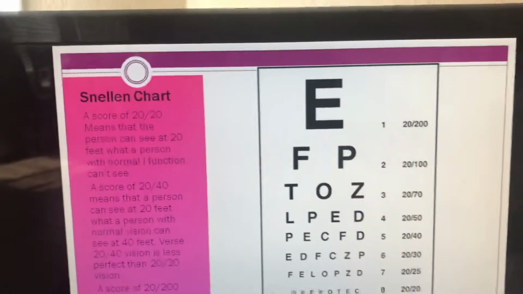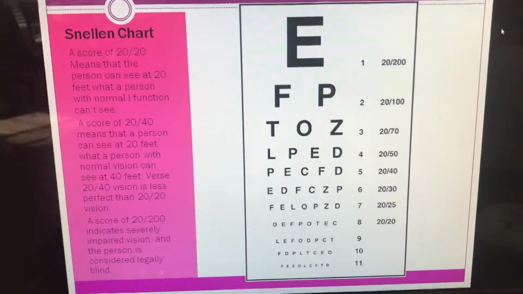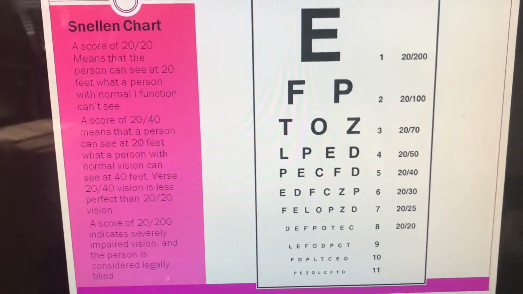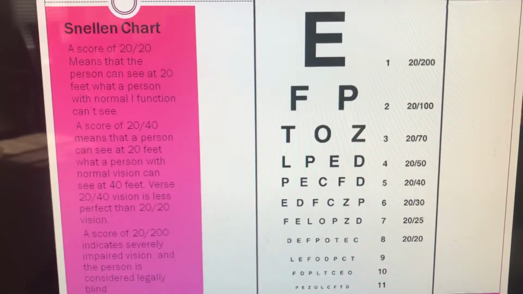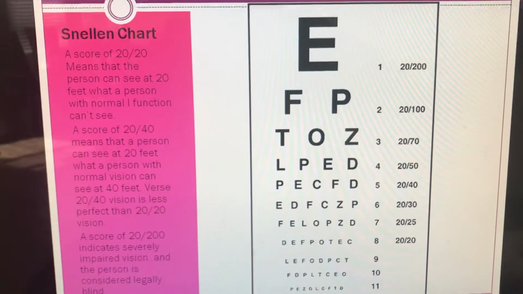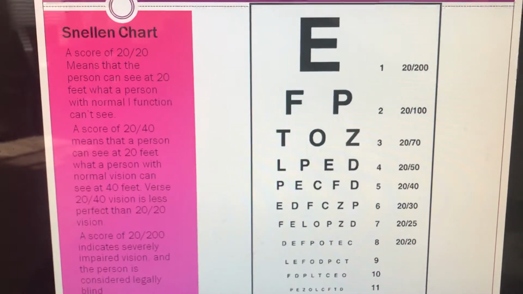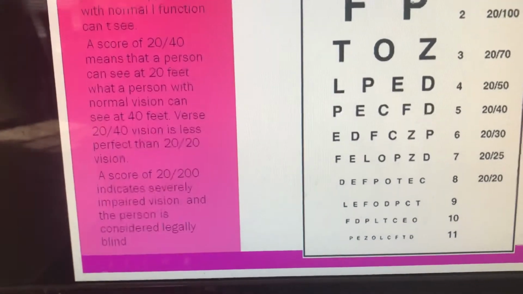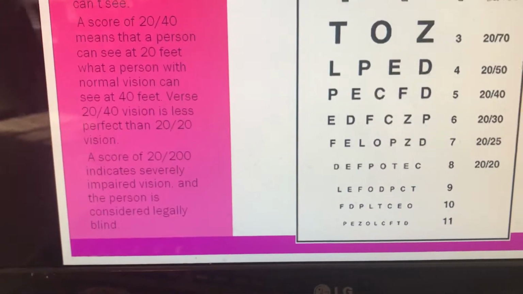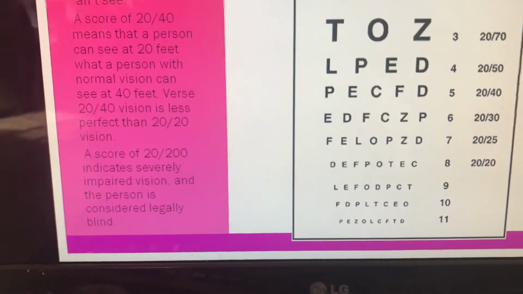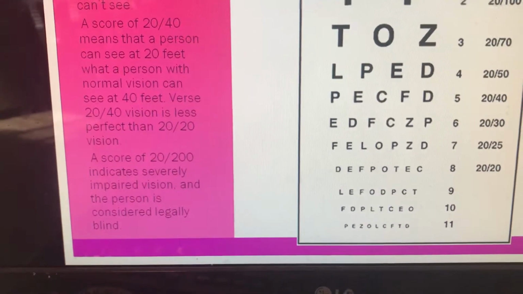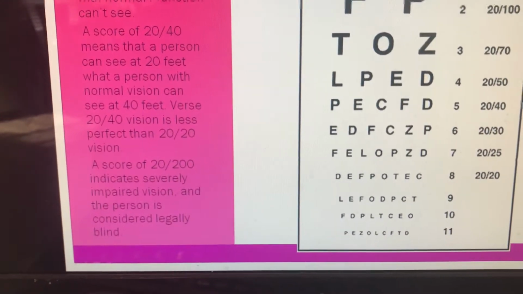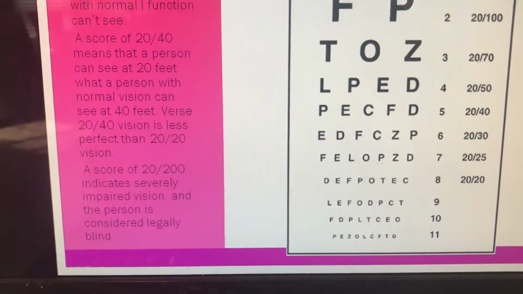So you have the Snellen chart. This is your 20/20 chart. So a score of 20/20 means that the person can see at 20 feet what a person with normal eye function can see. A person of 20/40 means that a person can see at 20 feet what a person with normal vision can see at 40 feet.